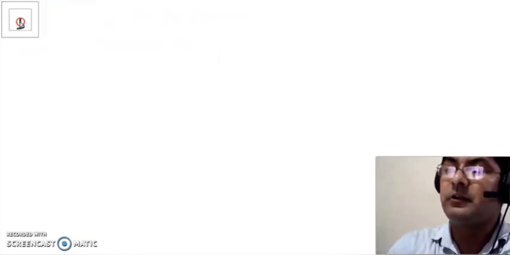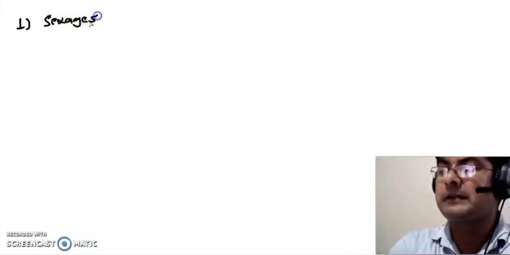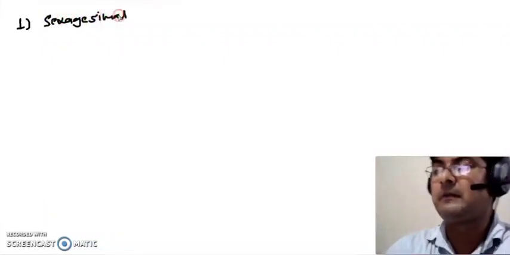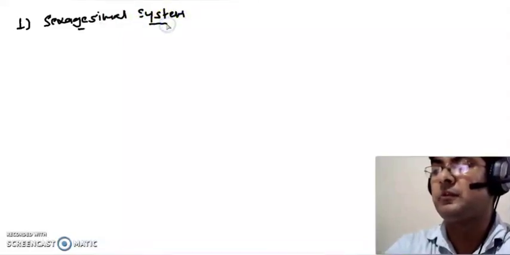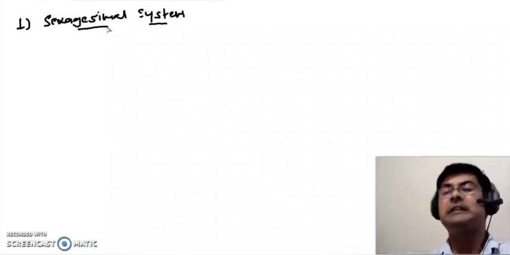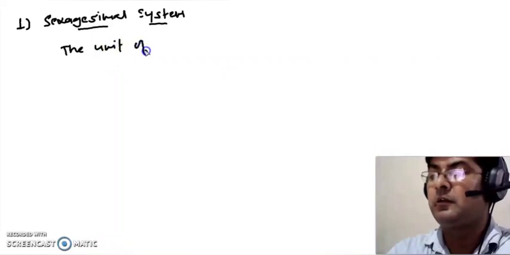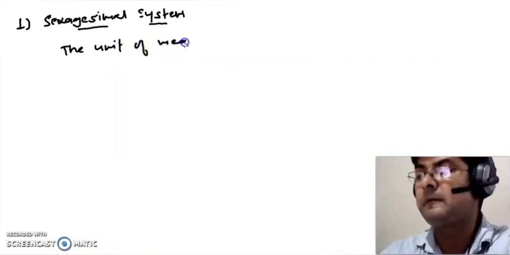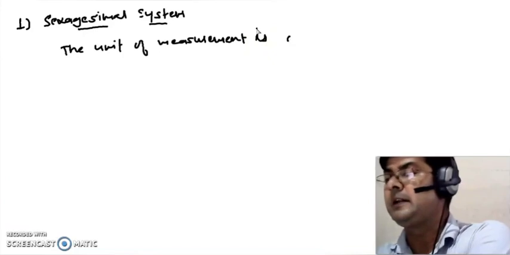So we have number one, the sexagesimal system. In this system the unit of measurement of angle is the degree.